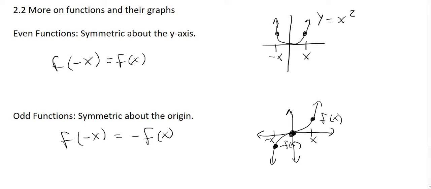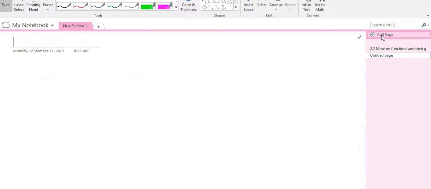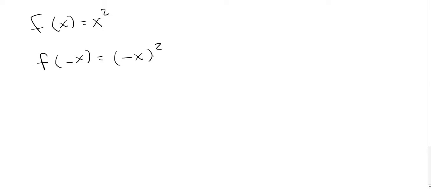So let me just draw up a few examples. Let's take y equals x squared, for example, or f of x equals x squared. I just said this was an even function. The idea is that if I look at f of negative x, that's equal to negative x squared.